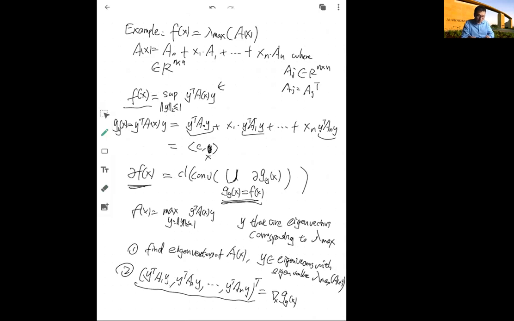If we want to get the full set, then you find all eigenvectors corresponding to the eigenvalue lambda max.